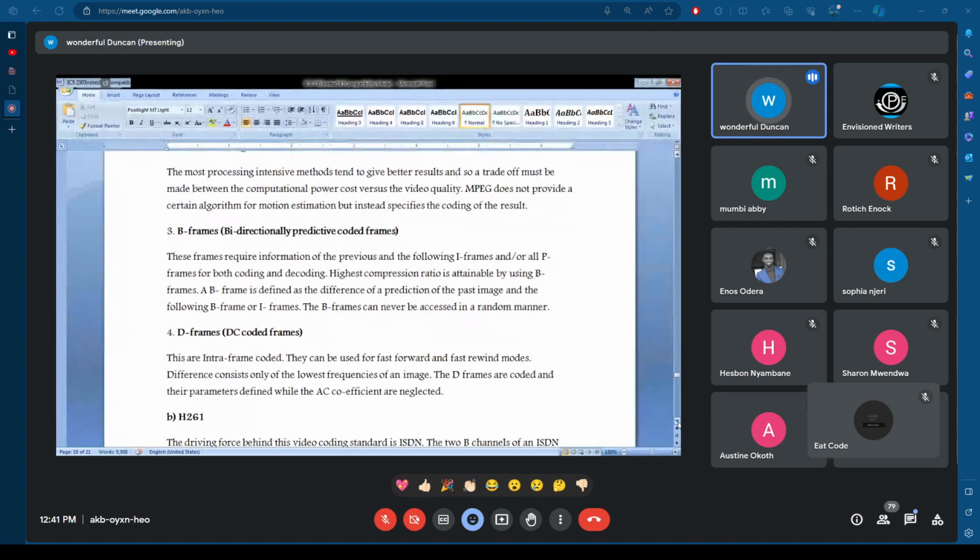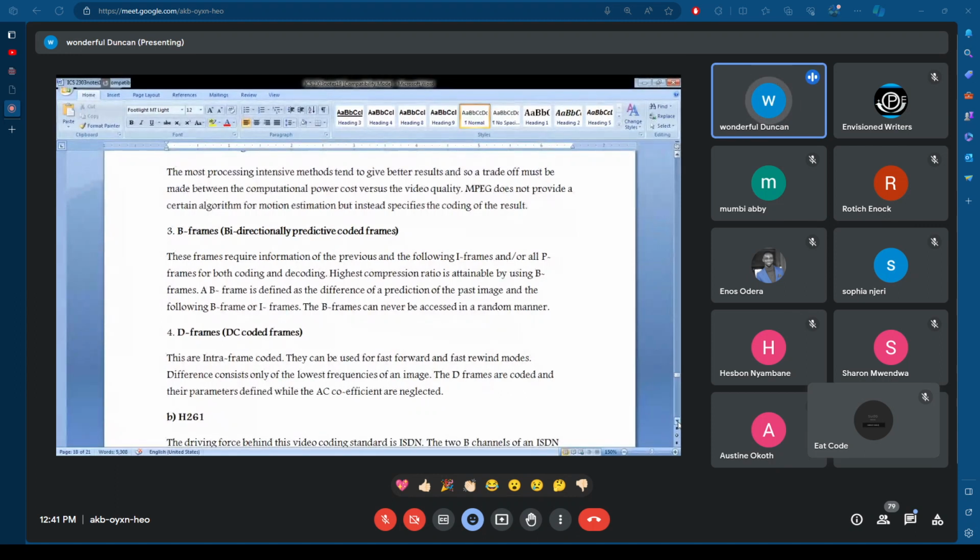The highest compression ratio is attained by using the B frames, or the bidirectional predictive coded frames. Full stop.